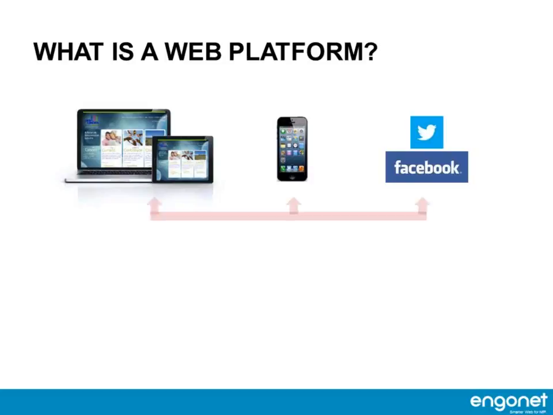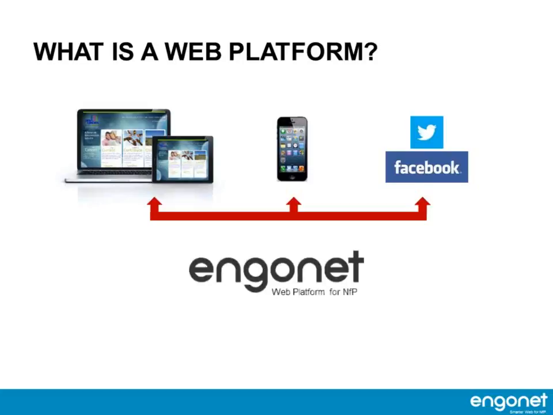Now, the important thing about a platform is that a platform will enable you mobile users, and it should be able to synchronize content on Facebook and Twitter with what you're displaying in those other areas, but also provide unique types of content onto Facebook and Twitter as well.